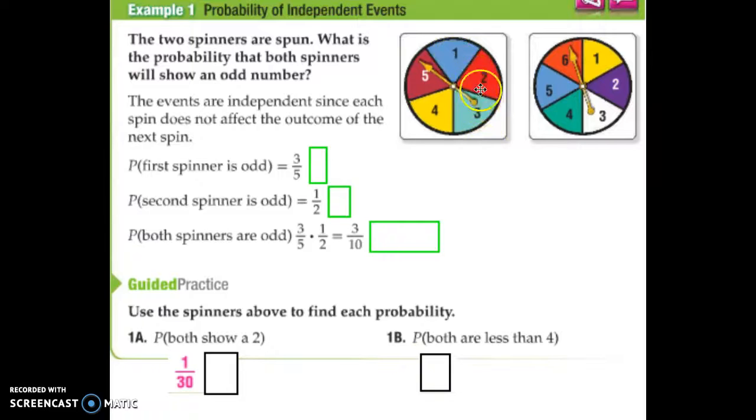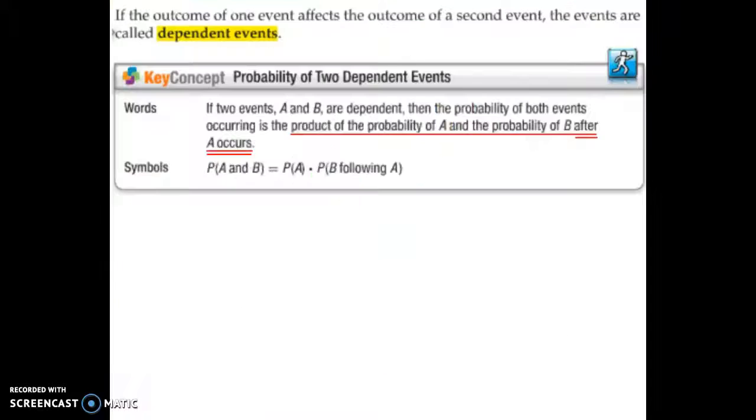Here there's 3 numbers that are less than 4, so 3 out of 5. Here there's 3 numbers less than 4, 3 out of 6. So that means it's 1/2. So that gives the same answer as this one, 3/5 times 1/2 is 3/10. Alright, so it's independent events, totally separate items, multiply them together.